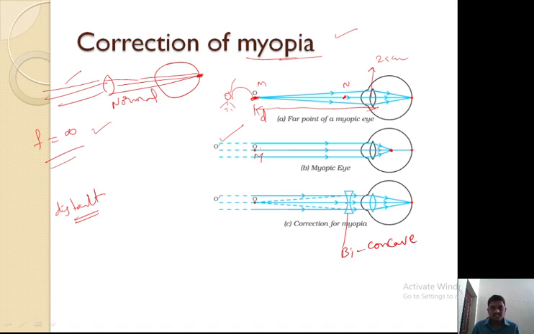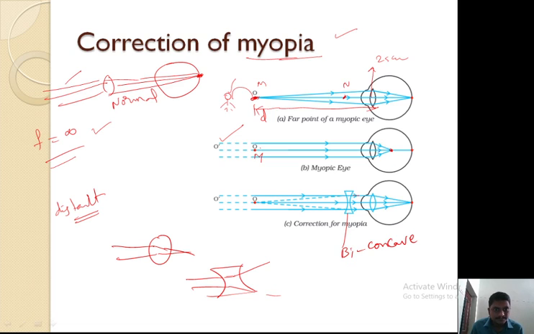Since it is a diverging lens, light rays after passing through this lens diverge, not converge. If there is a parallel beam of light, after passing through a convex lens it converges, but after passing through a concave lens it diverges slightly.